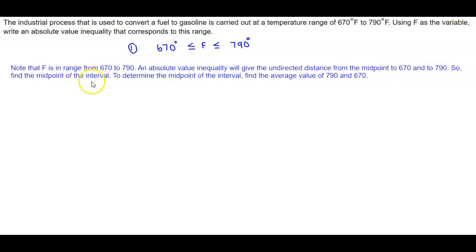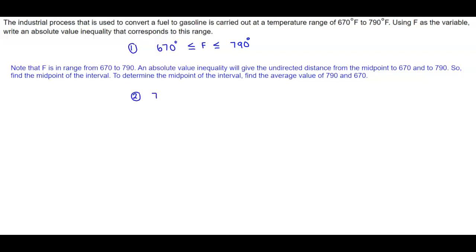To find the midpoint of the interval, we have to find the average value of 790 and 670. To find the average, we need to add those two values together and then divide that by 2.